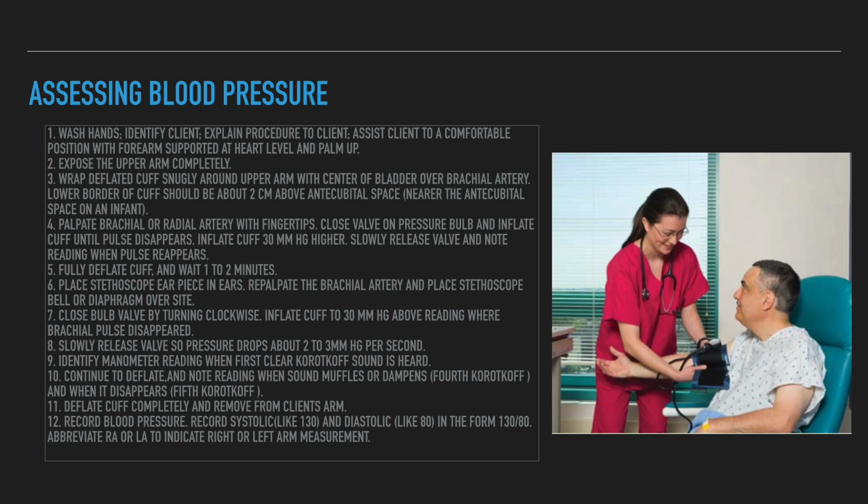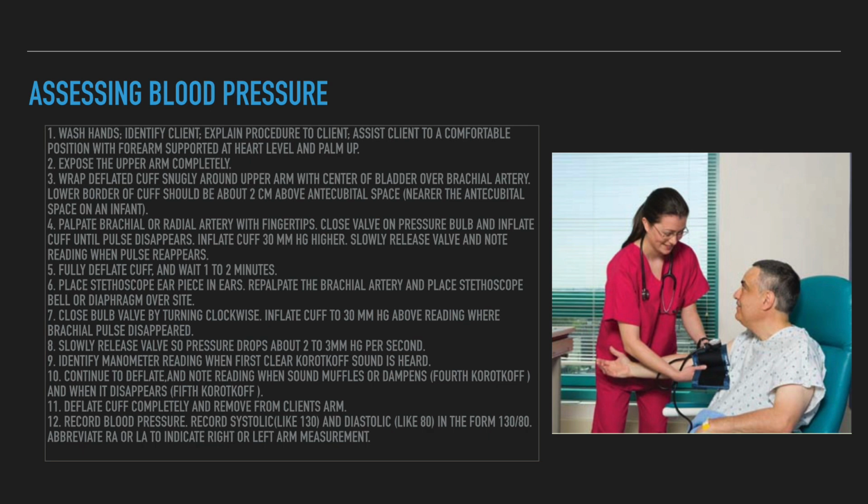8. Slowly release valve so pressure drops about 2 to 3 mm Hg per second. Rationale: inaccurate measurements may occur if deflation rate is too fast or too slow. 9. Identify manometer reading when first clear Korotkoff sound is heard. Rationale: indicates systolic pressure reading. 10.